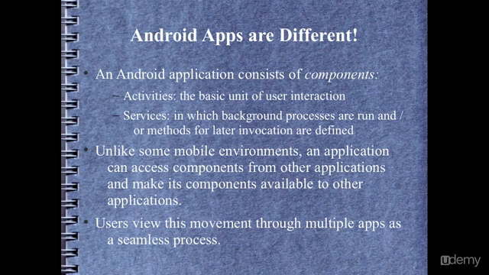An Android application is kind of a loose collection of components, and users may even be migrating from one application to another, and there can be great complexity in what a user is actually doing, but the users see this as moving through these multiple apps. They see this as a seamless process. They are doing one task, as it's referred to in Android.